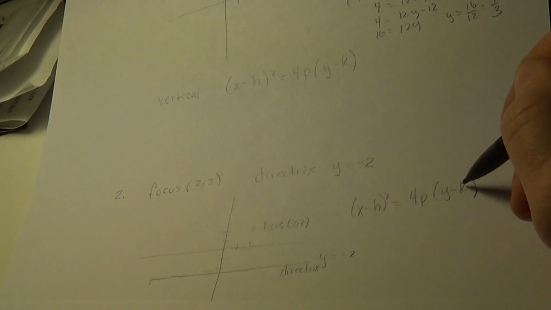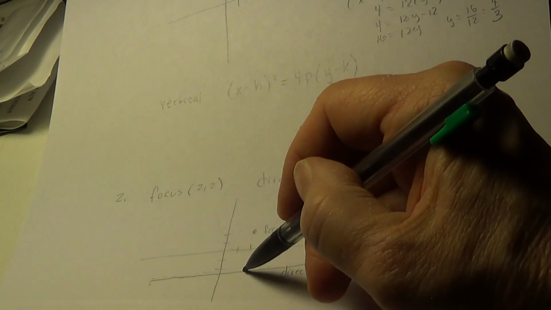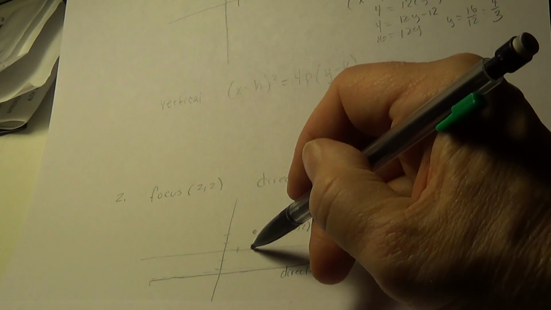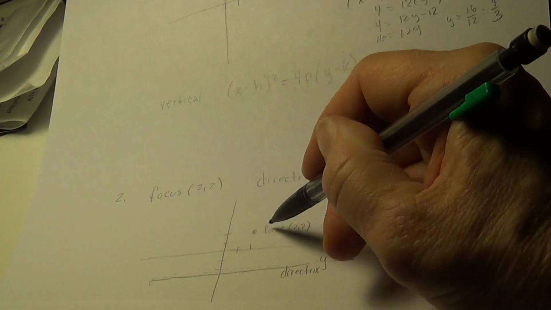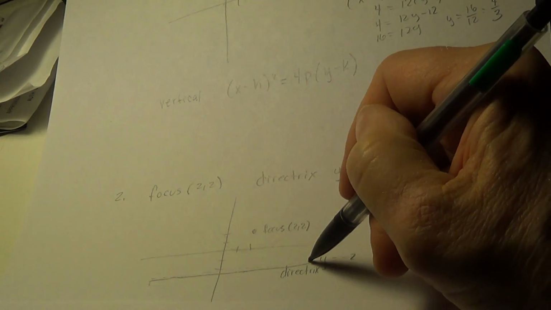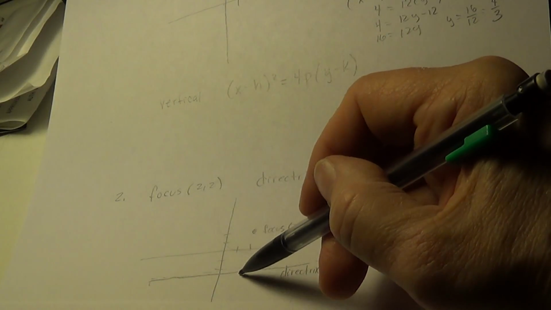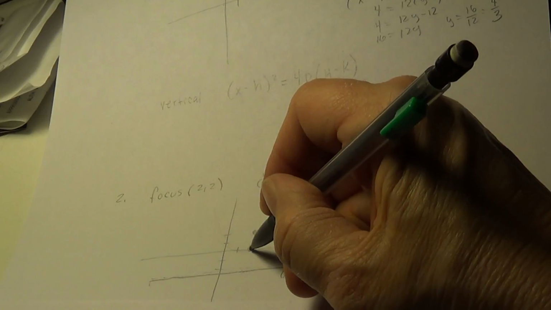Alright, we'll start putting in what we know. We've got to find h and k, which are the vertex. I know that directly in the middle between the focus and the directrix is the vertex. So if I went up 2 to get to the y value of the focus and down 2 to get to the y value of the directrix, you'll see that right in between minus 2 and 2 is the point right there.